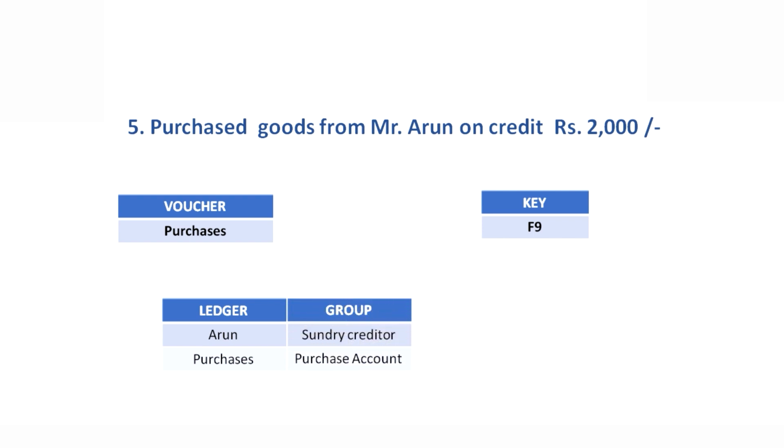Arun account will be created under creditor because he is a supplier for the company, and purchase account will be created under purchase account. So we credit Arun and we debit purchase with the value of 2000 rupees. So we go with the transaction now.